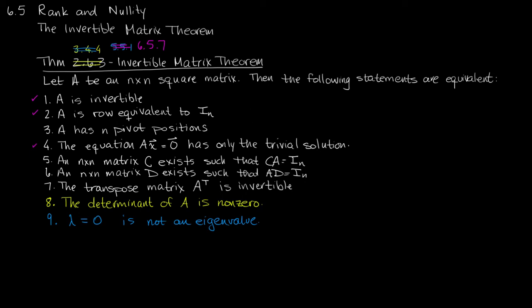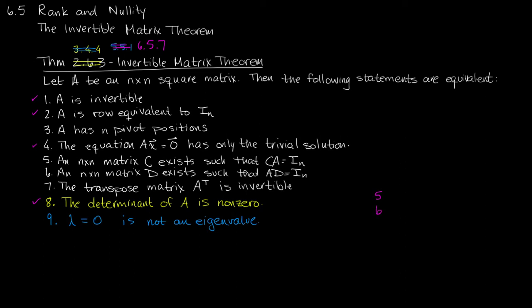Number 4, the determinant of A is not equal to 0. It's written slightly differently, but it means the same thing. Number 5, both the row and column vectors of A are linearly independent. I don't see that here, so we're going to have to come back to number 5. Number 6, the row vectors form a basis for Rn.